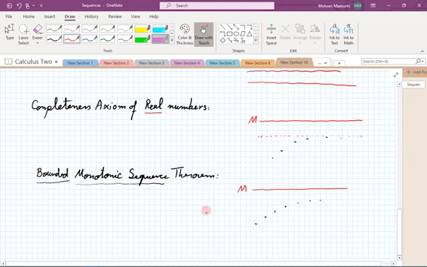What this theorem says is that the sequence is going to converge to a number, and that number is going to be less than or equal to this.